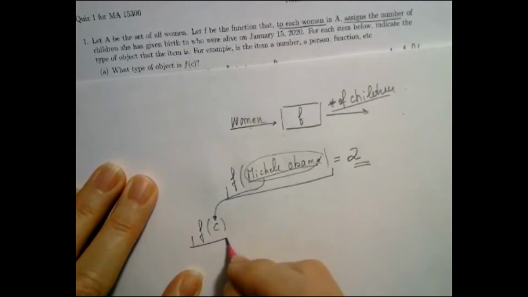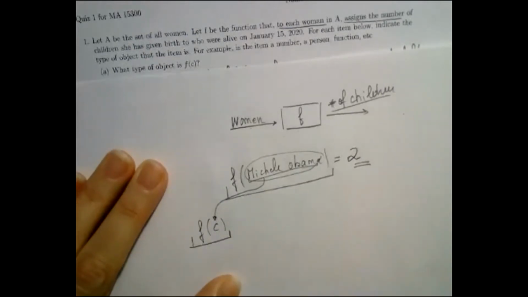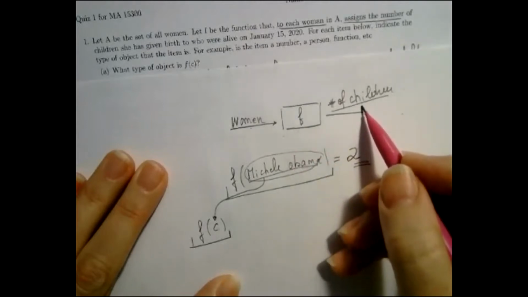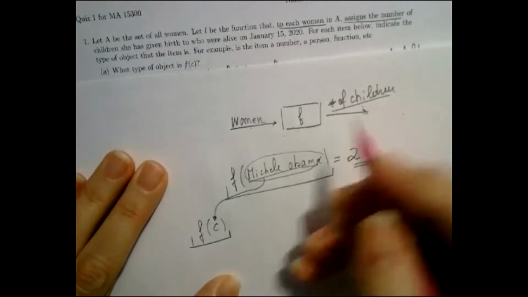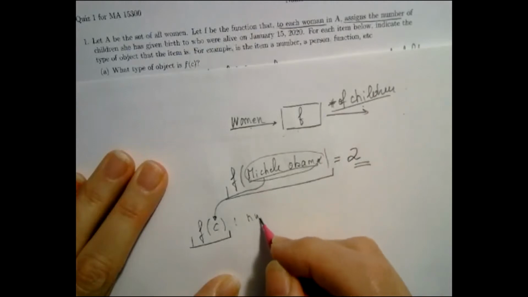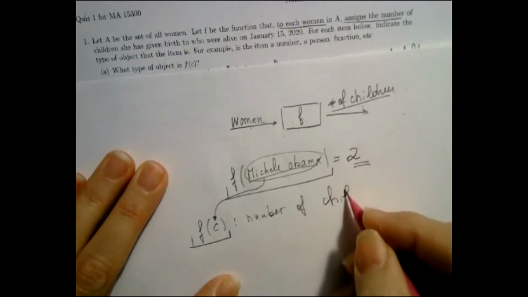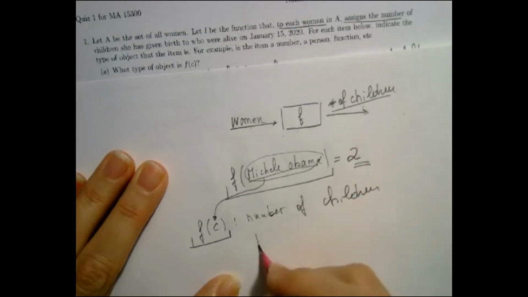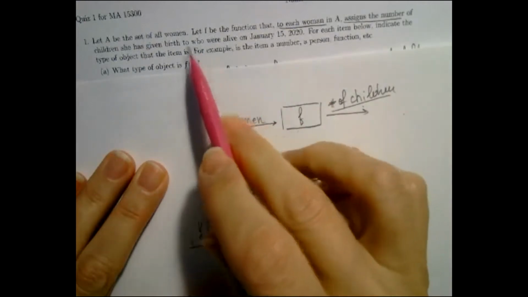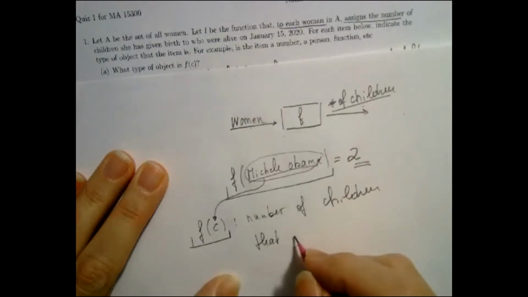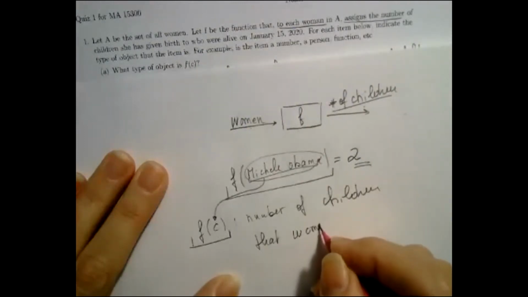And F of C is the output that corresponds to the woman C. So F of C is the number of children because that's the output. So this is the number of children of woman C.